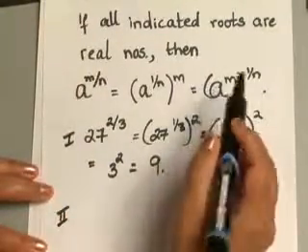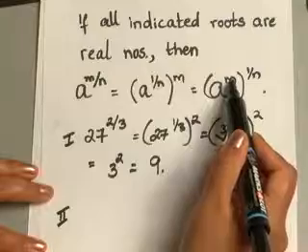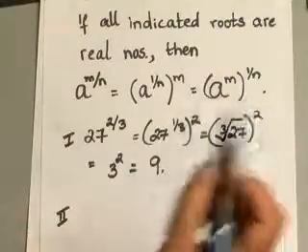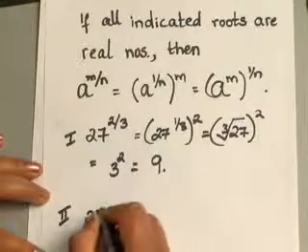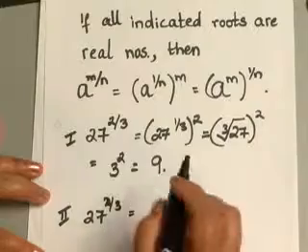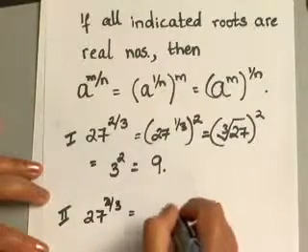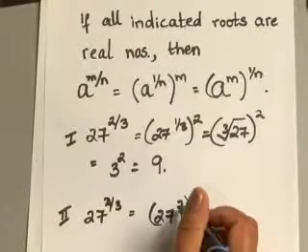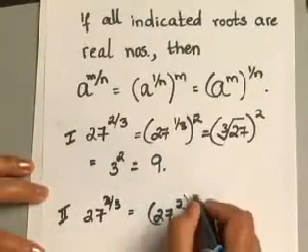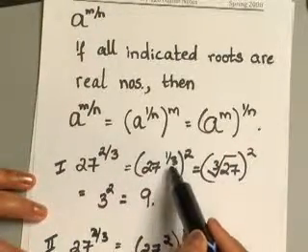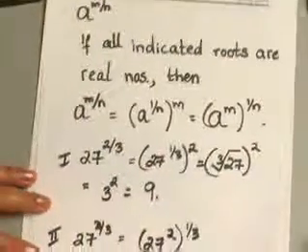What the second method is saying is first you do the m and then you do the 1 over n. So let's see how that will work in our example here. So 27 to the 2/3. We can break this down as 27 to the second power, and then put the 1/3 on the outside. So you can see how we switched: 1/3 on the outside, 2 on the inside.